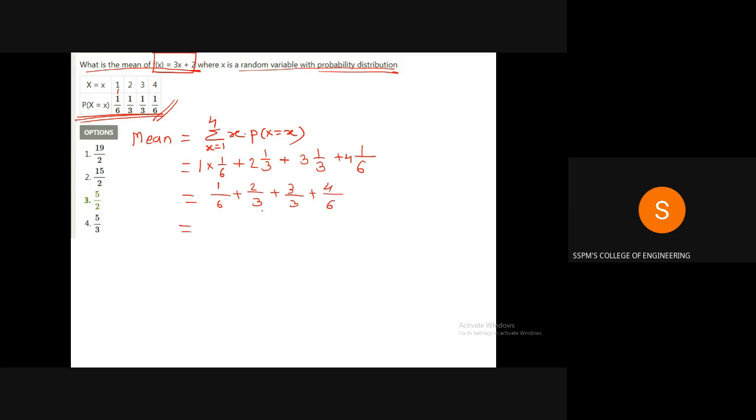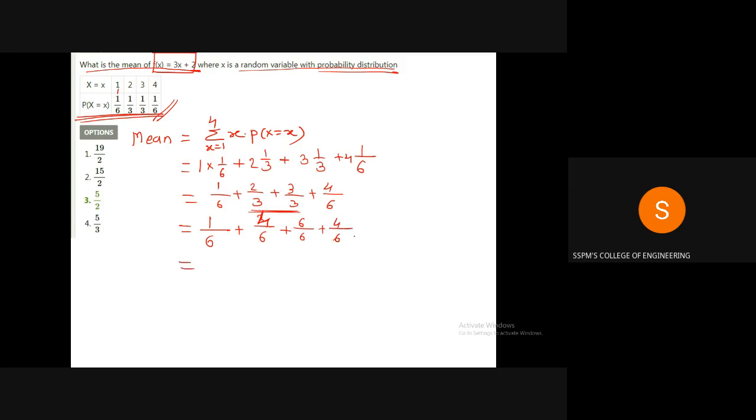So now we will make the denominators equal. So how can we make that? 1 by 6 plus, it is 4 by 6, if we multiply this portion by 2, we will get 4 by 6 plus, again this 3 by 3, if we multiply by 2 we get 6 by 6 plus 4 by 6.